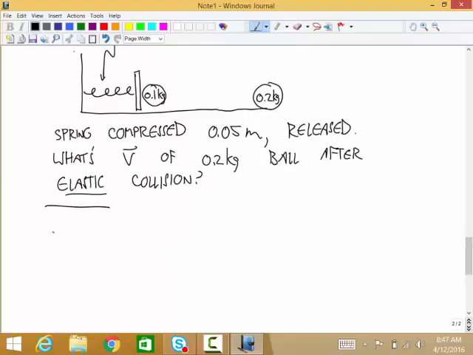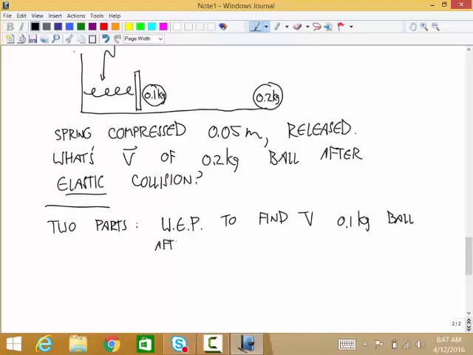So there's sort of two parts. The first one is the work energy principle to find the speed of the 0.1 kilogram ball after it leaves the spring.